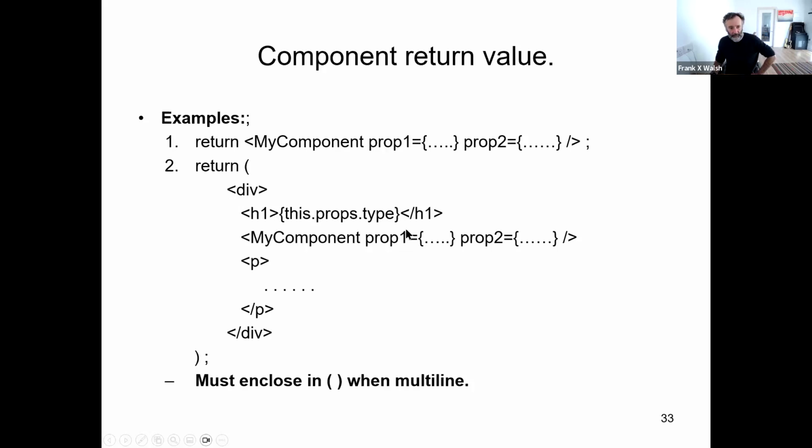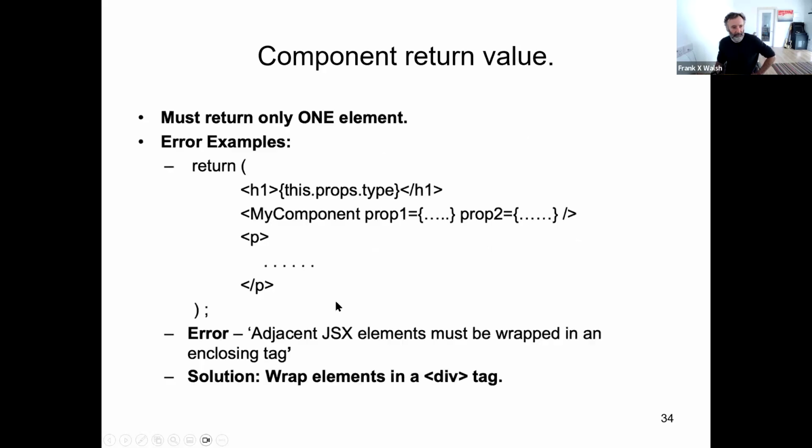Look, you can see it there with the properties specified as attributes to this component, as an element in this HTML I'm returning. And if I do it this way, if I have a bunch of different elements, I have to essentially enclose it in an opening bracket and a closing bracket. You'll see that in the examples, in the samples, and you'll see it in the code in the labs as well.